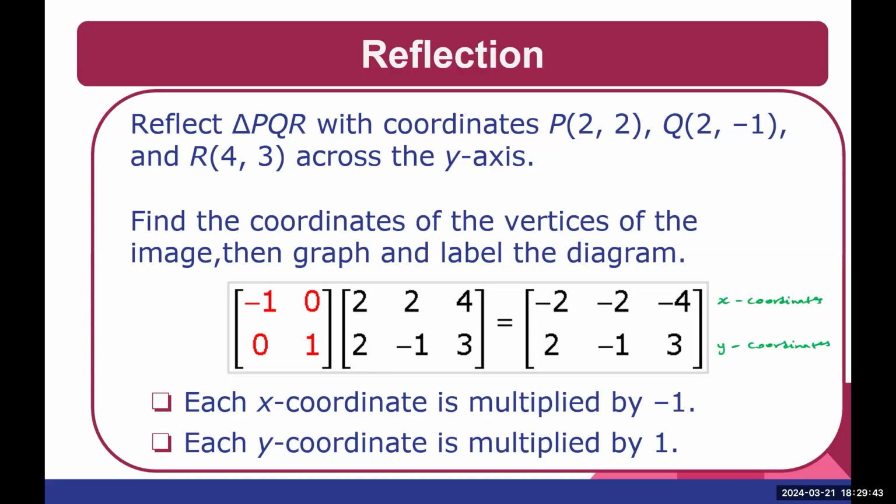And we could just take a shortcut and say, all the x values will change sign. So we're going to just multiply all the x values by -1. So -1 times 2 gives us -2. -1 times 2 again, -2. -1 times 4, -4. And all the y values will remain the same. So that's just multiplying by 1. So that's just a shortcut to this, right?